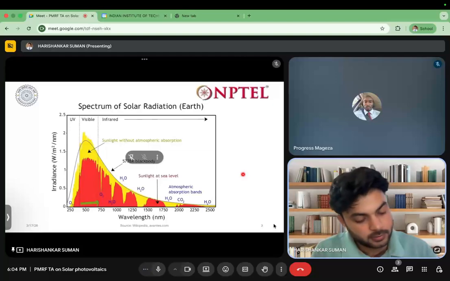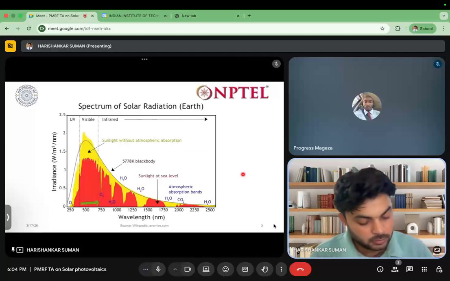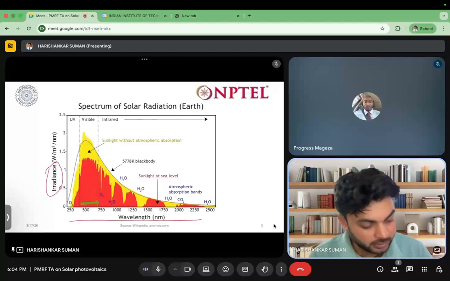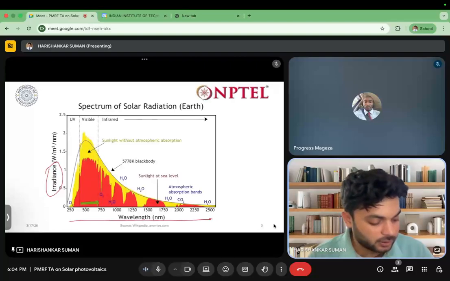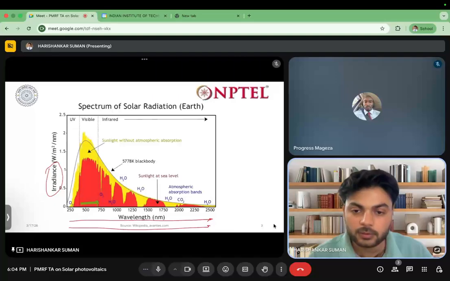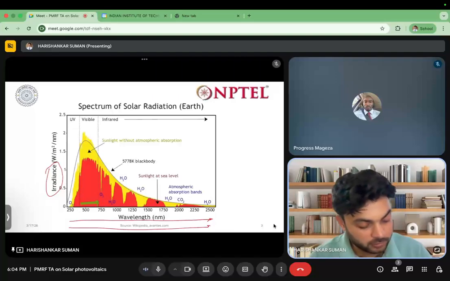So next, irradiance on the earth with wavelength received on the earth surface is given as this. Wavelength is increasing in order, you can see from 250, 500, 700, 750, 1000, and so on.